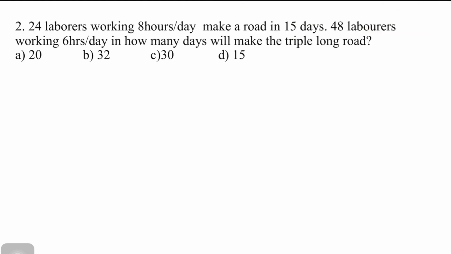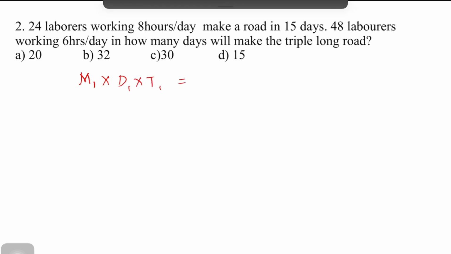Next one. 24 laborers working 8 hours per day make a road in 15 days. 48 laborers working 6 hours per day, in how many days will they make the triple long road, they are saying. So we know it is M1 into D1 into T1, which is equal to M2 into D2 into T2.